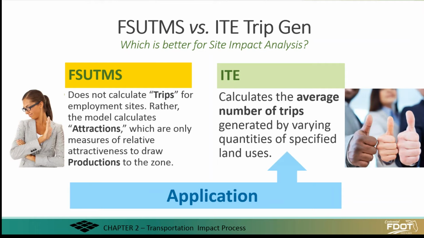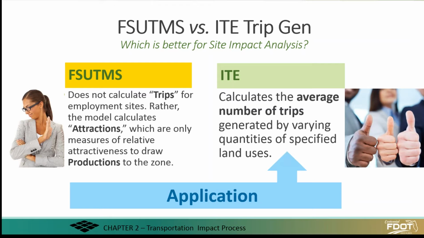It's this difference between the generality of the FSU-TMS model and the specificity of the ITE model which distinguishes them from one another, such that the ITE will calculate the average number of trips generated by very specific land uses, whereas FSU-TMS models calculate what are known as productions and attractions to very general levels on very generalized land uses, which may at times not have much of a bearing on the specific use you are trying to measure.